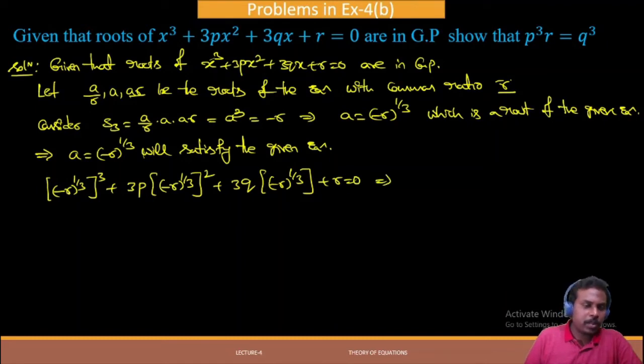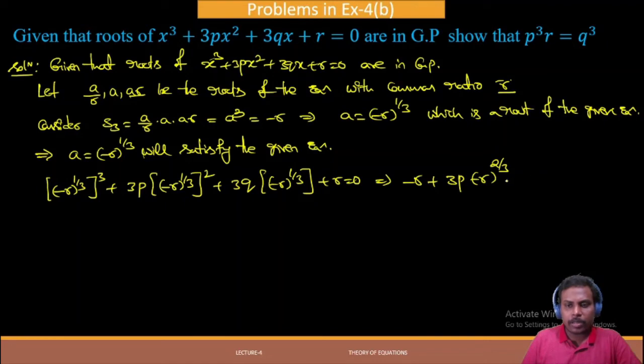So minus r whole to the power 1 by 3 whole cube is equal to minus r, plus 3p into minus r whole to the power 2 by 3, plus 3q into minus r whole to the power 1 by 3, plus r is equal to 0. Now this minus r and r get cancelled here.